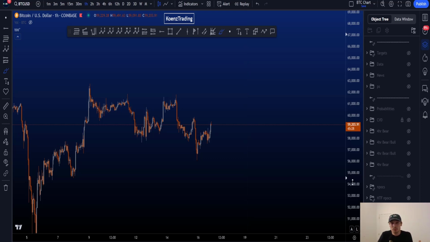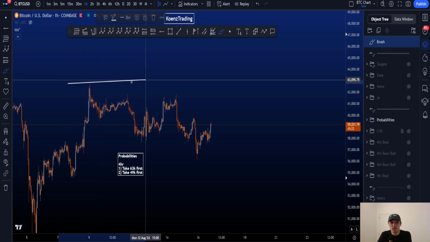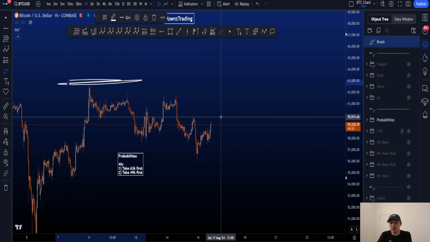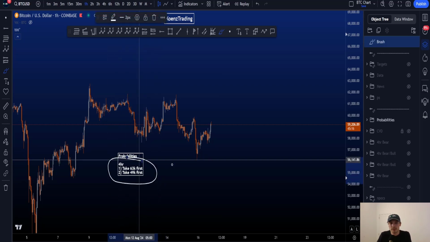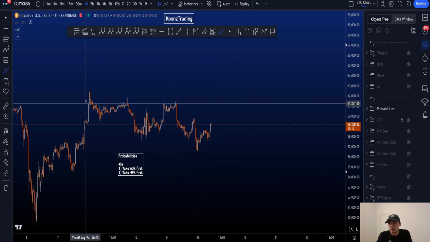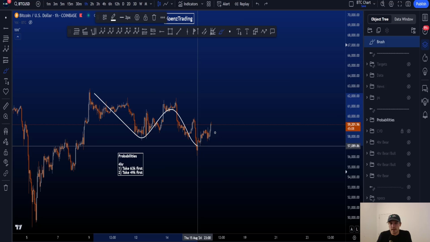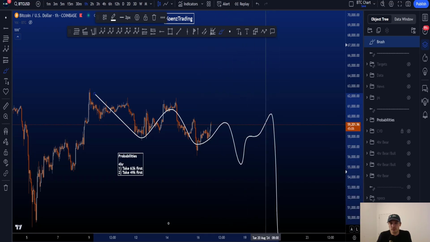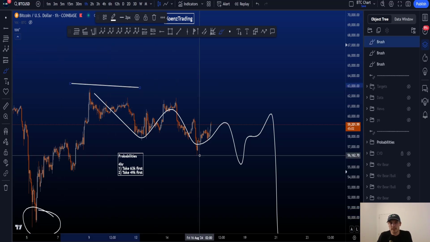So if we then look at the probabilities of the different scenarios, actually nothing changed, because the probabilities remain higher to still look for price to take out this high, and then we take it from there. So on the number 1 spot, we have take 63k first, and on the number 2 spot, that would be your most bearish scenario where you look for an impulse 1, 2, 3 down, or a diagonal 1, 2, 3, 4, 5 correction continuation, you would take 49k first before taking out 63k.